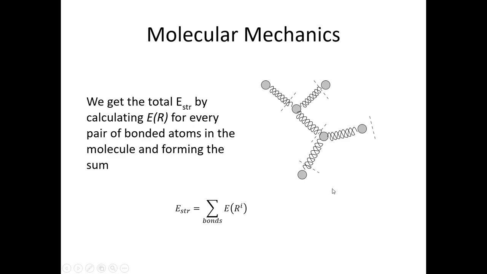So we would have to do separate calculations of k times (r minus r naught) squared for each of the bonds to get an energy value for each of those bonds that we could then combine. We could add up those 5 values to create that E stretched term, which is the energy from all bonds in that molecule.